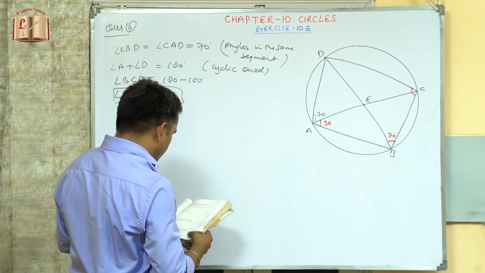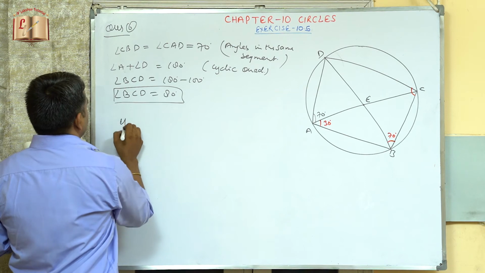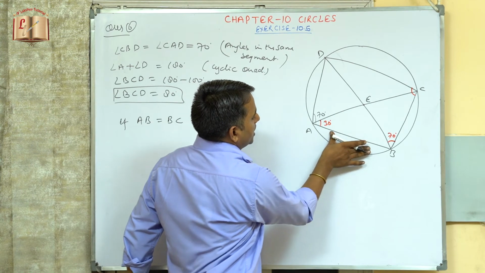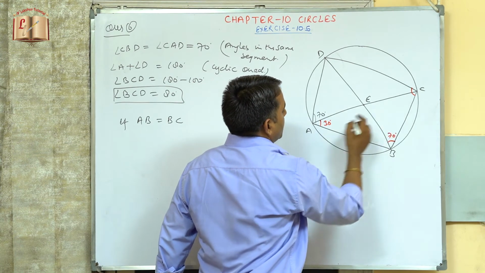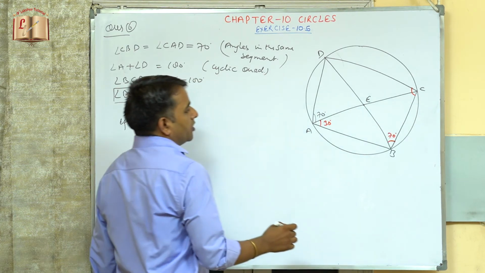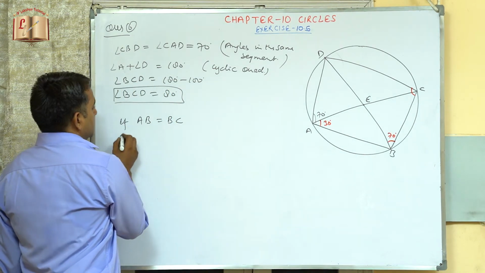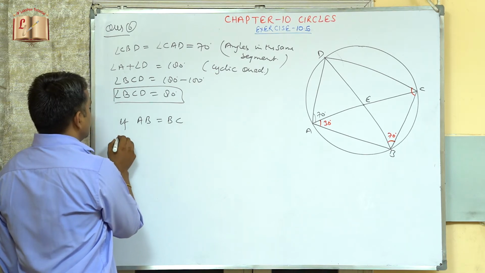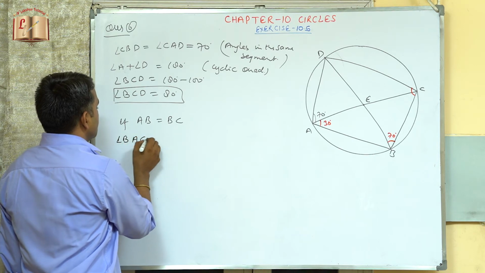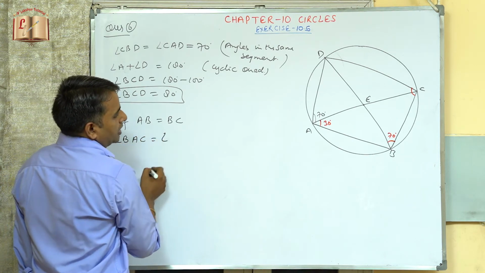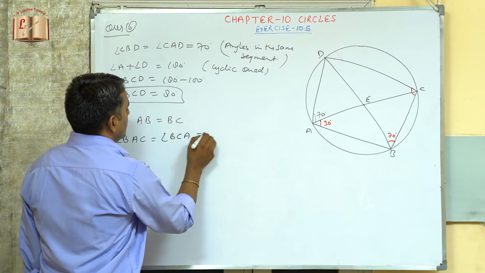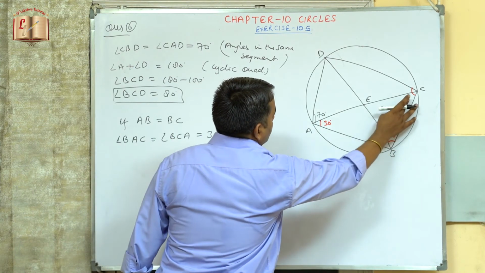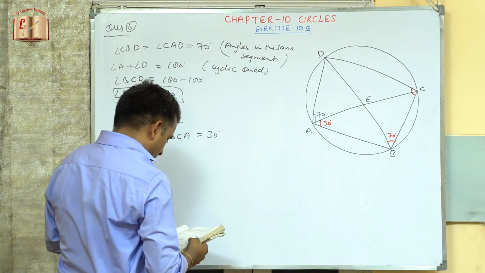Now it is given that AB is equal to BC. Now see that this AB is equal to BC, so therefore this angle will be equal to this angle. Now we can say angle BCA, so when this is equal to this, then angle BAC will be equal to angle BCA will be equal to 30 degree. So when this is now 30 degree, we can find angle ECD.